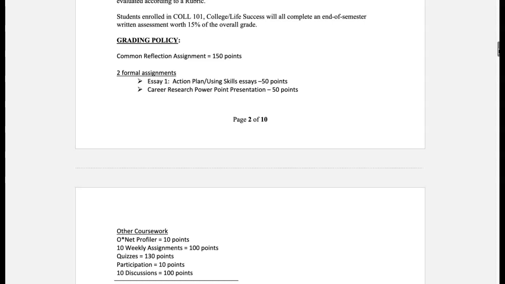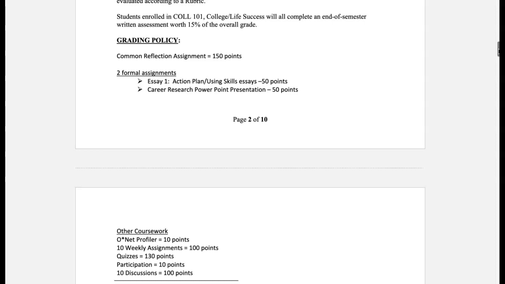The other formal assignment is a career research PowerPoint presentation. You're going to create a PowerPoint presentation that contains information that you've researched about your major and about the university that you want to transfer to, or if you don't want to transfer, information about DACC, such as how much the school costs, what classes you need to take, how much your job will pay, and whether your job has benefits.